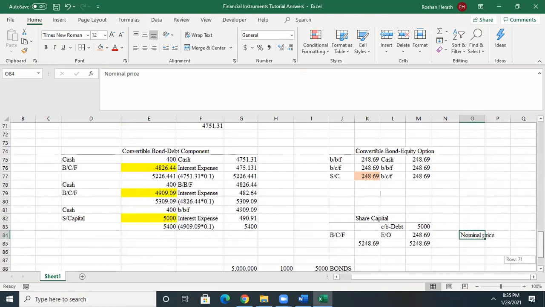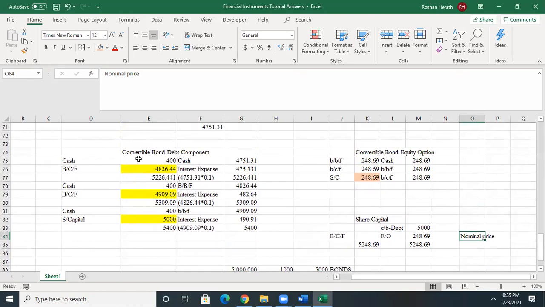Okay, right. So let me explain it again. Let's say that at the point of conversion, a particular person says, okay, convert this bond to shares. We know there must be a consideration for that. Then where does the consideration come from? Here the value of this bond is 5 million, the debt component.